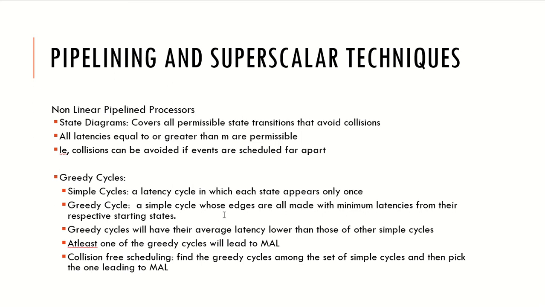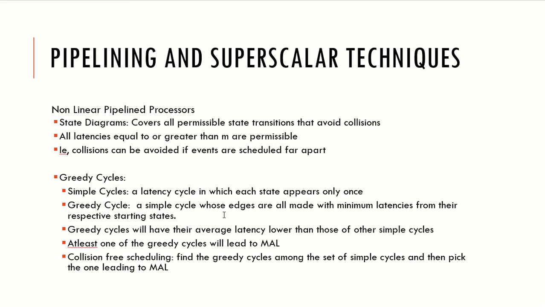All latencies equal to or greater than M, where M stands for the maximum forbidden latency, are permissible. Collisions can be avoided if the events are scheduled far apart. If you can guarantee that the events are scheduled as far apart as possible, then the rate of collisions will be less.